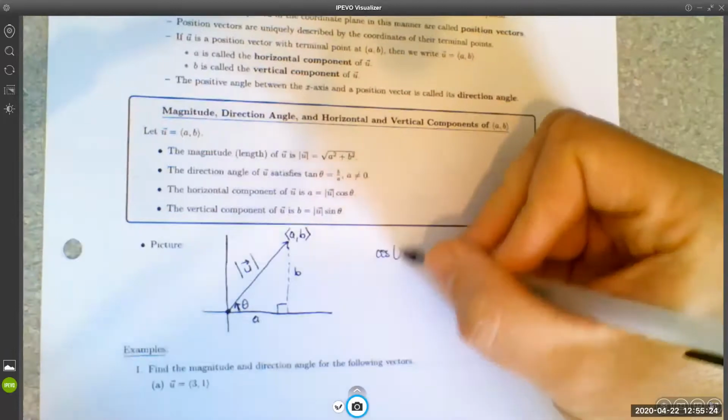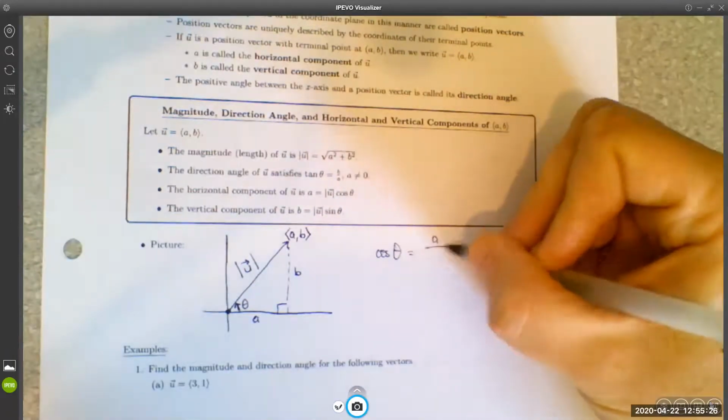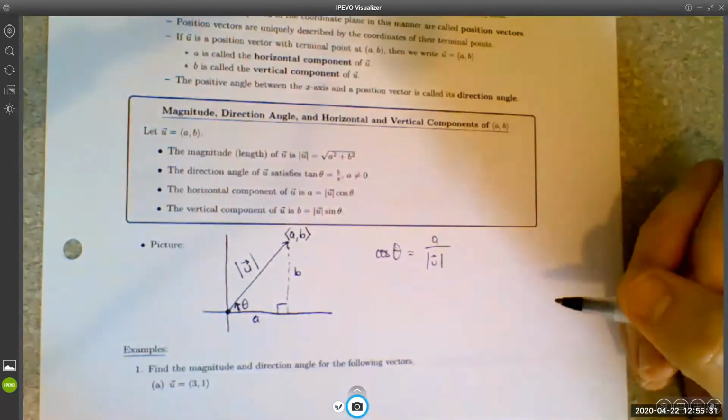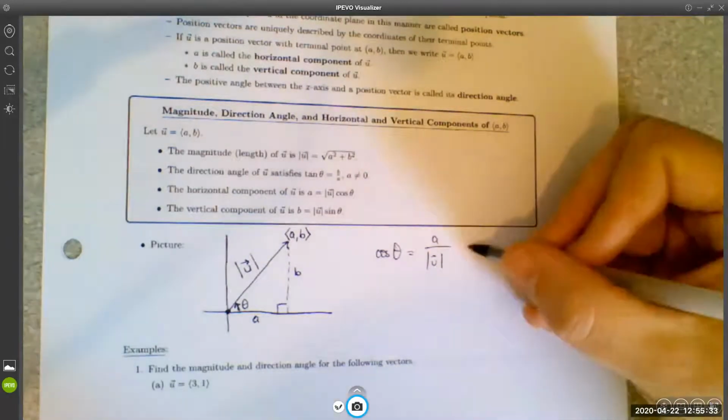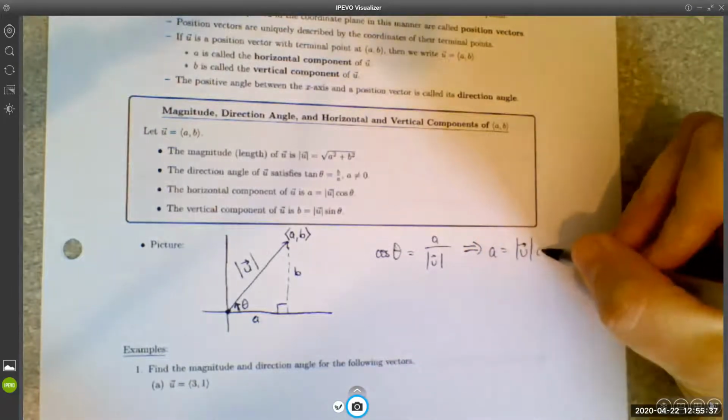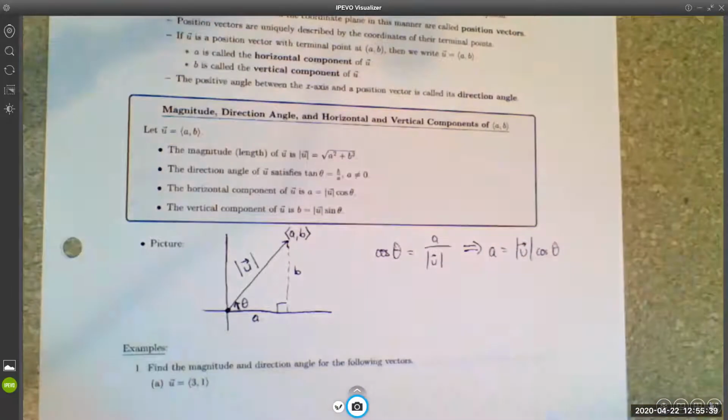So maybe I'll write that down. Cosine theta is a over magnitude of u. If we solve for a, then we see that a is magnitude of u times cosine theta. Right, and that takes care of that one.